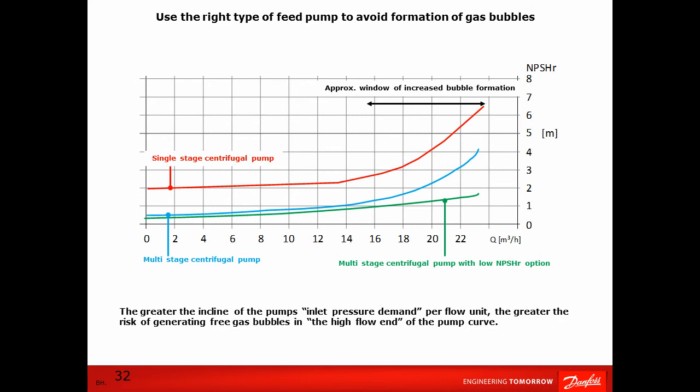Multi-stage pumps perform much better, especially when they are equipped with low NPSHR option. The NPSHR, net positive suction head required, in multi-stage pumps is lower, and the pumps can be used in larger flow areas before cavitation occurs.